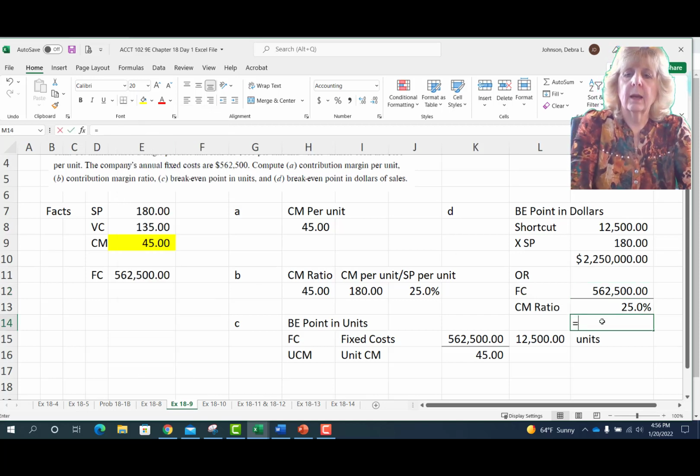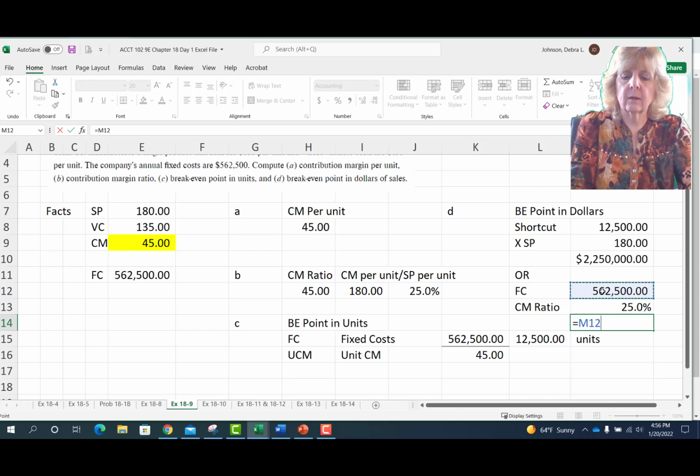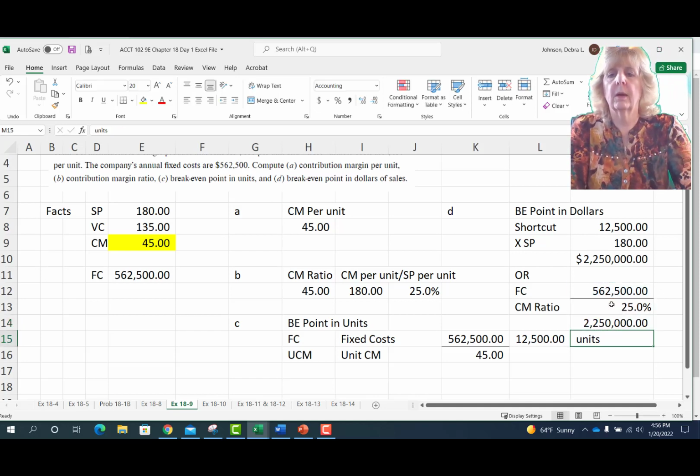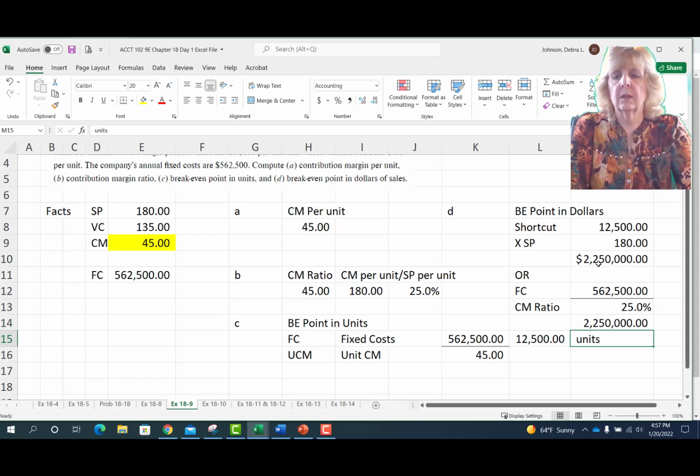We should come up with exactly the same answer we got using that shortcut method. And as you'll see, these two numbers are equivalent. That's our first attempt at an easy break-even point. Let's keep it up and let's continue on.